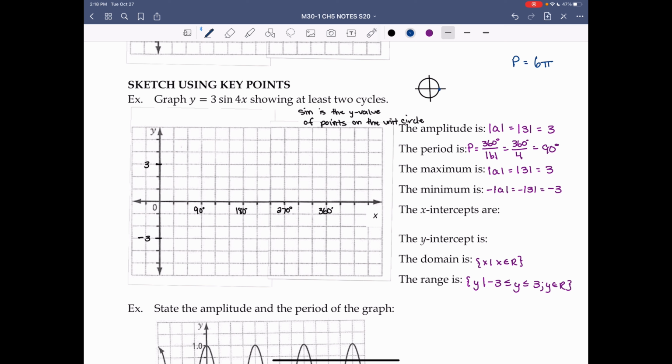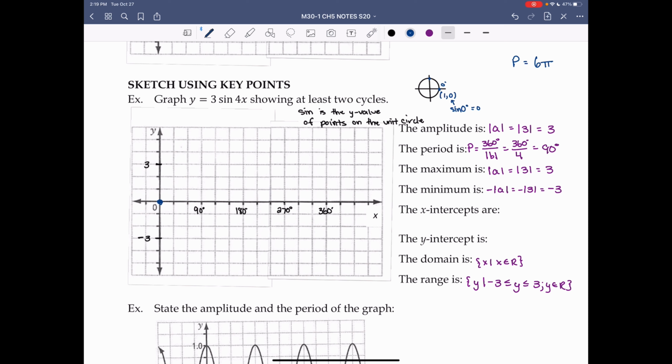So at 0 degrees, we have the point (1, 0), which tells us that sine at 0 degrees equals 0. We can plot that point. When x is 0 degrees, then y is 0, which would be an x-intercept and also a y-intercept.